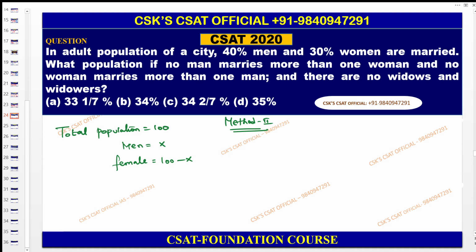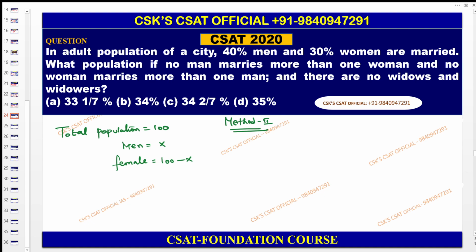So now, according to the question, 40% of the men and 30% of the women are married. According to the full statement, the number of married men is equal to the number of married females.